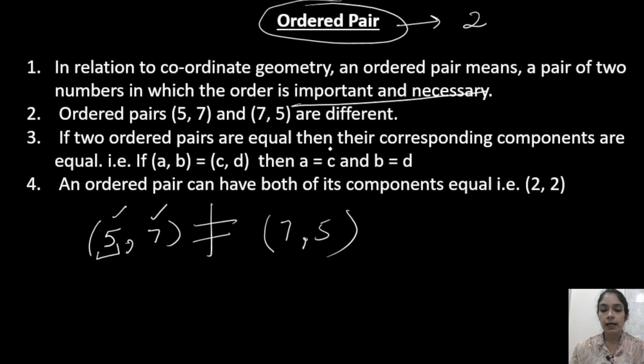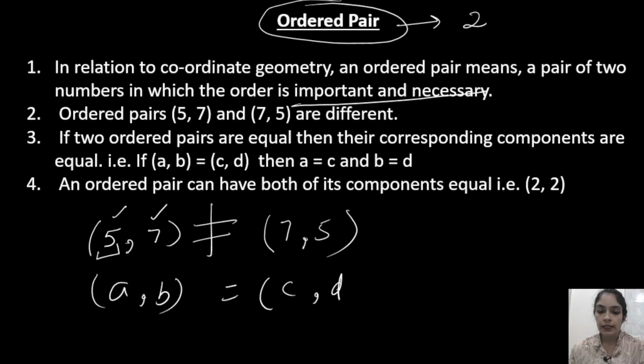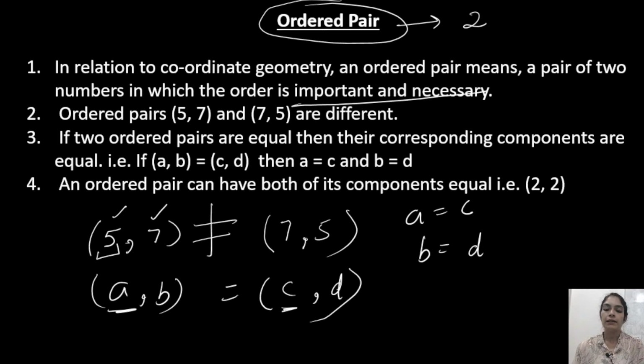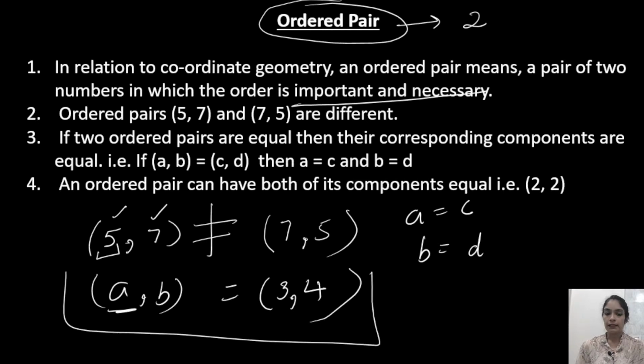If two ordered pairs are equal, then their corresponding components are equal. Corresponding components means, if I write (A, B) equals (C, D), then A equals C and B equals D. The first is equal to the first and the second is equal to the second. Another example: if I write (A, B) equals (3, 4), then A equals 3 and B equals 4.